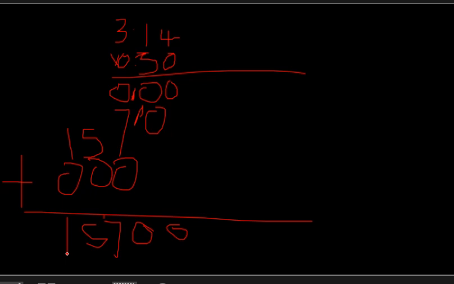You've got 4 of them. So you move 4 steps from the right to the left hand side. 1, 2, 3, 4. So our decimal point is supposed to be here. 1.5700. That is our answer.